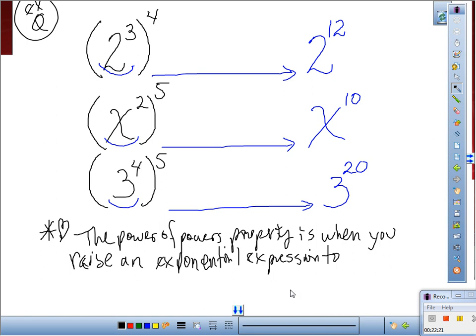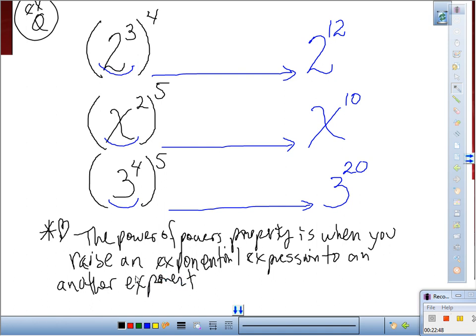To, what are we raising it to? It's not a variable. This is to an exponent. And just put another exponent to another exponent.